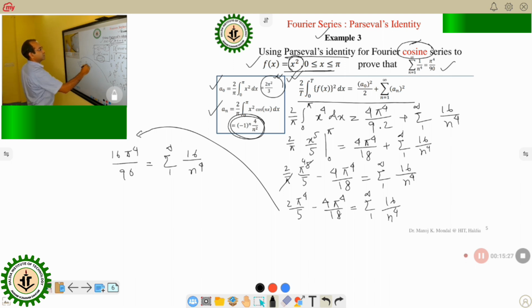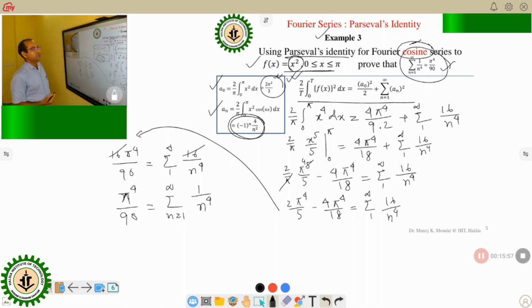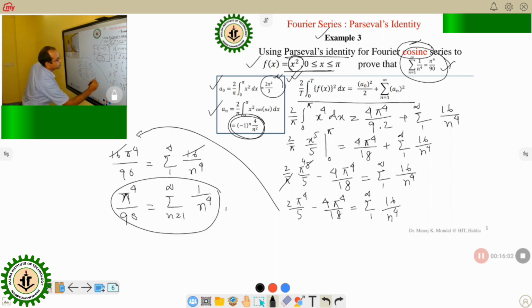Now the 16 on both sides cancels, and here it will be pi to the power 4 by 90, equal to summation n equals 1 to infinity 1 by n to the power 4. So summation n equals 1 to infinity 1 by n to the power 4 equals pi to the power 4 by 90.